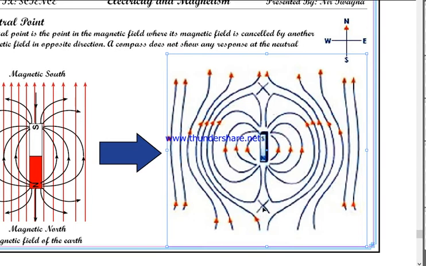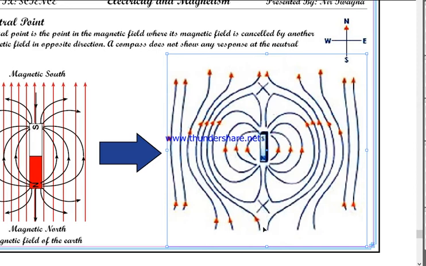So at the point where both the magnetic fields are equal, they get cancelled out, because as I have told you, they are acting in opposite directions. If you move up from this point, you are under the influence of the magnet.